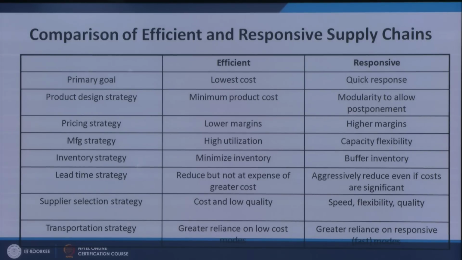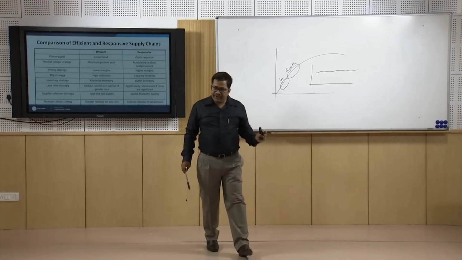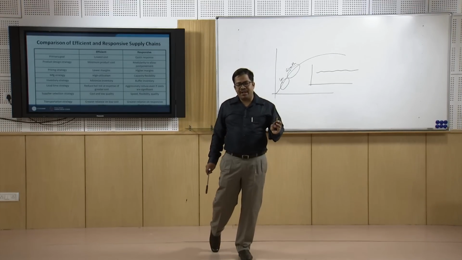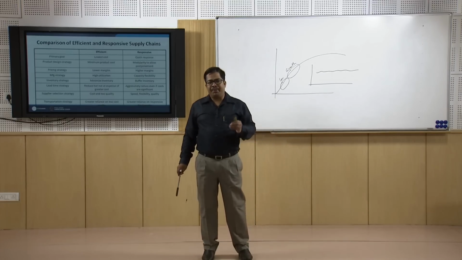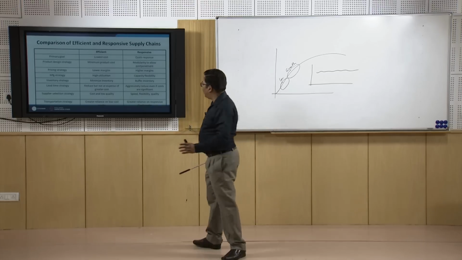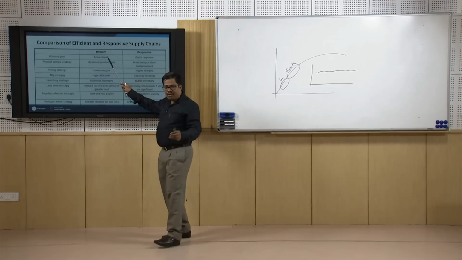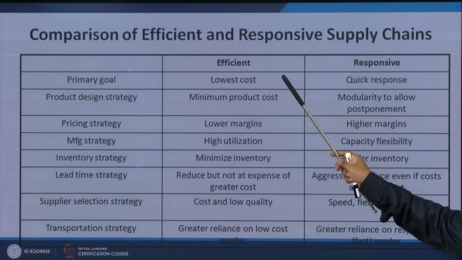You want to reduce the cost, that is the most important objective, and we have seen this in the case of dabbawalas, the post office, and the public distribution system. These are some of the examples where we want an efficient supply chain, and cost is one of the important considerations.